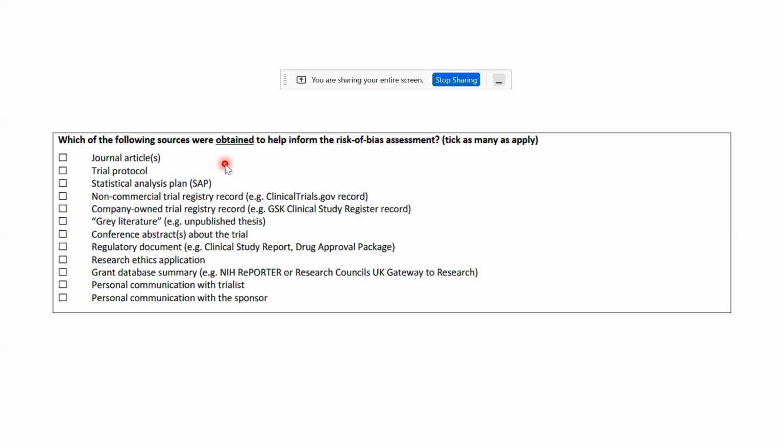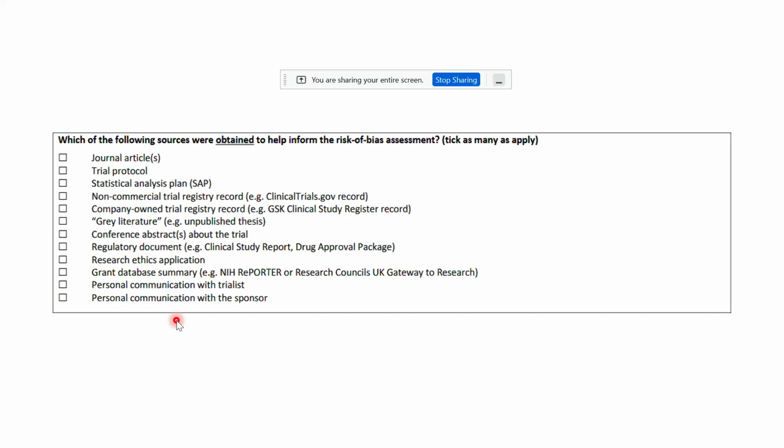Often, in the case of clinical trials, the trial protocol may be available online, so we need to obtain the trial protocol as well. Sometimes it may be gray literature also. Whatever it is, we need to take as many as applicable and use them all to do our risk of bias assessment.